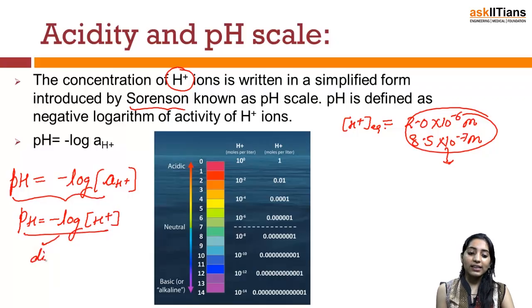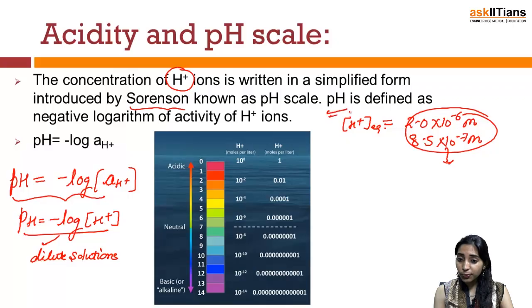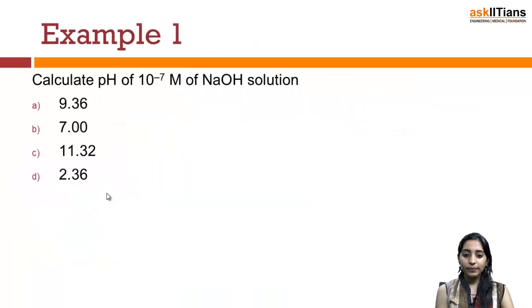This is taken in the case of dilute solutions. If you know the concentration of H positive, you take its logarithm and then the negative of it, and whatever value you get is termed the pH of that particular acid.